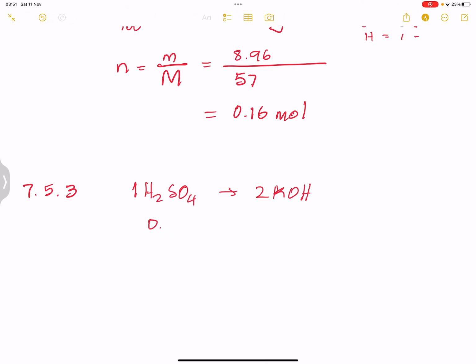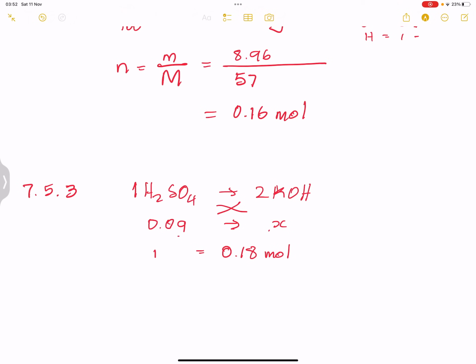So this would be x times 1, that's x, 0.09 times 2 gives us 0.18 moles.